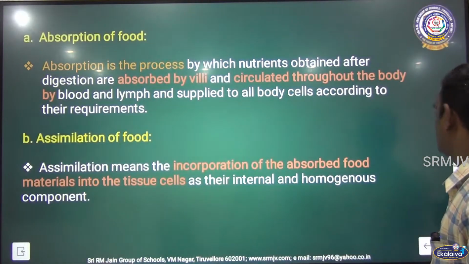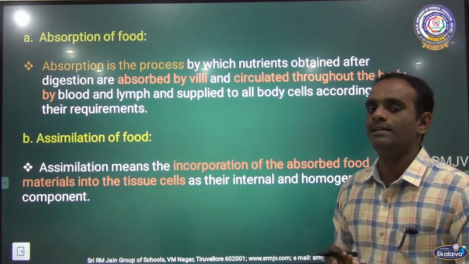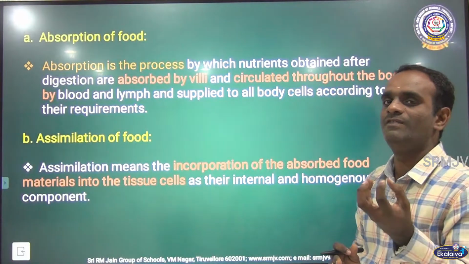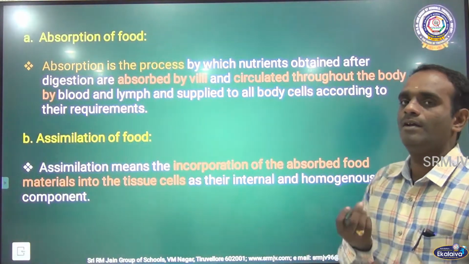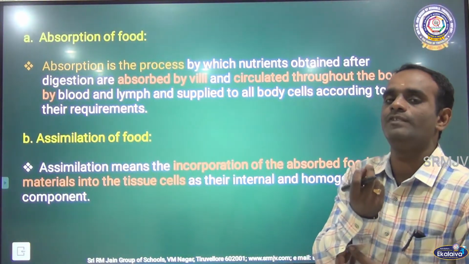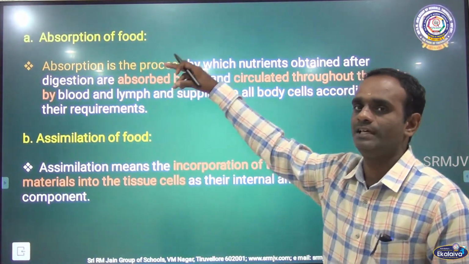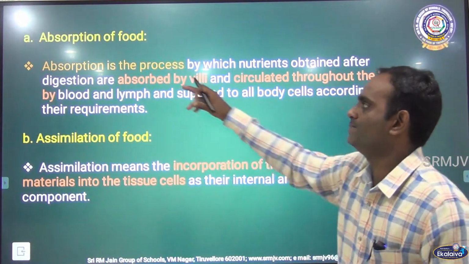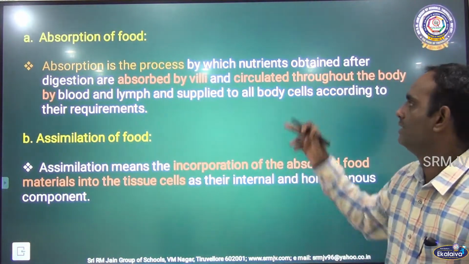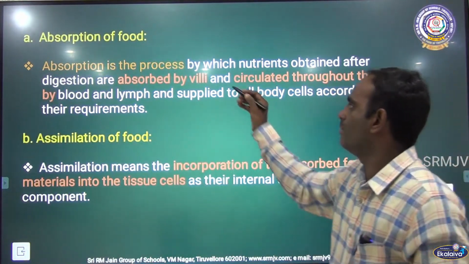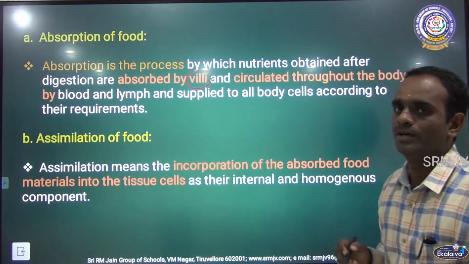Next, absorption of food. As I said earlier, the absorption takes place only in the intestinal villi, the minute finger-like projections. There only the absorption of food takes place. Absorption is a process in which the nutrients obtained after digestion are absorbed by villi. Very, very important.